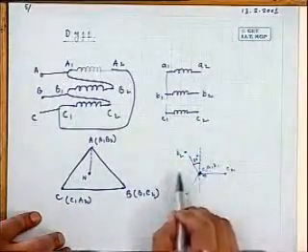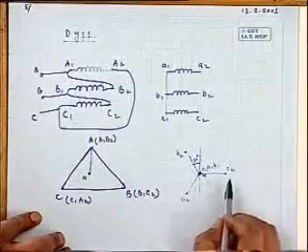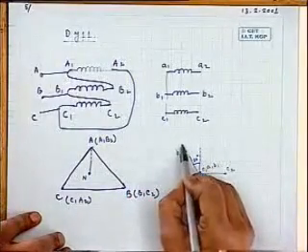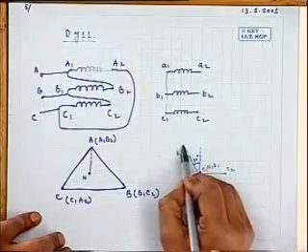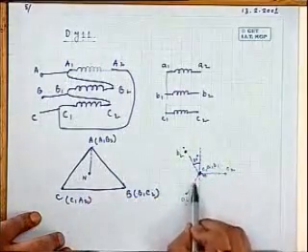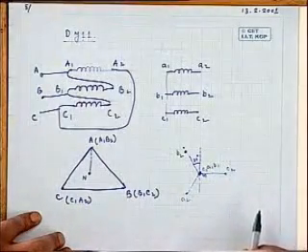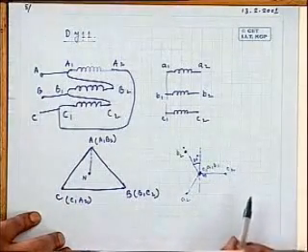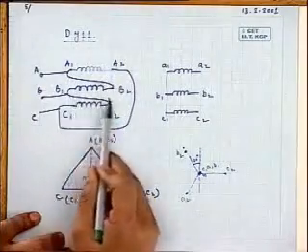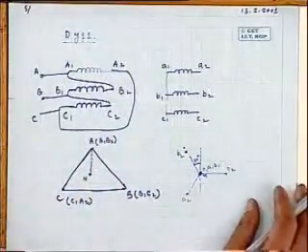If the transformers are named like that, it is not really what we are trying to tell. That is, here this point should bear the term A. This point should bear the term B, like that. Are you getting that point? Will you please try connecting this delta in the other way?